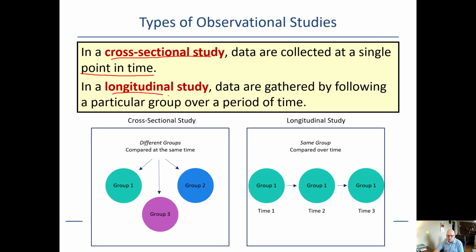For a longitudinal study, you're going to look at maybe 1 class over a period of time, so maybe over the whole semester. The cross-sectional study would be studying maybe this class on the first day of class or the 7th day of class. Longitudinal would be studying the class over the whole semester.